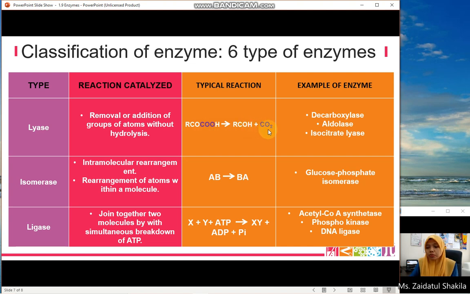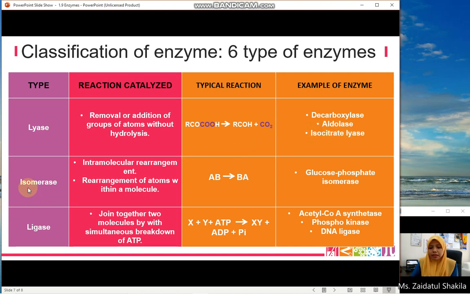So there is a group of atoms being removed, which are C and two O. They combine together and become carbon dioxide. An example of an enzyme in this class of lyase is decarboxylase. D refers to the removal, and carboxylase refers to the removal of a carboxyl group, the functional group. Other than that, aldolase or isocitrate lyase.